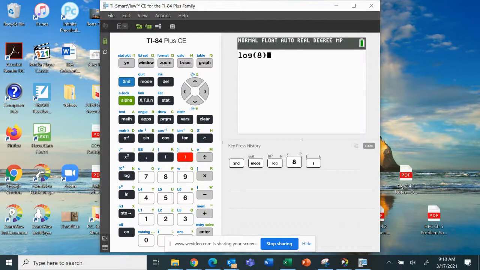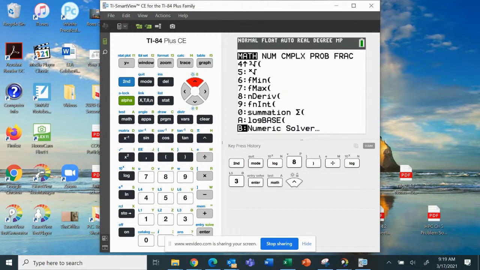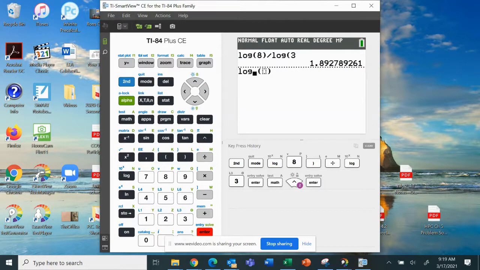So I am going to close that parenthesis, divided by log 3. Okay, and I'm going to show you that's the exact same answer as if you have the nice button, but not everybody does. So that's the exact same answer as just typing it in. So this is called the change of base formula.